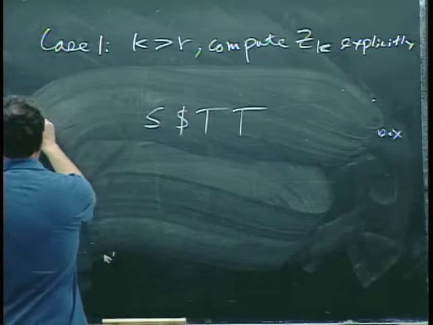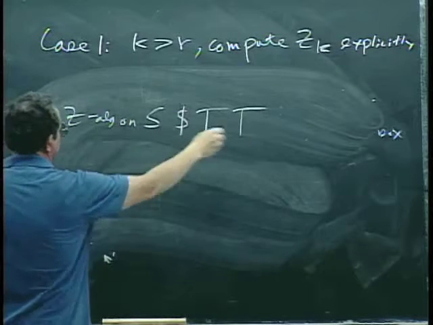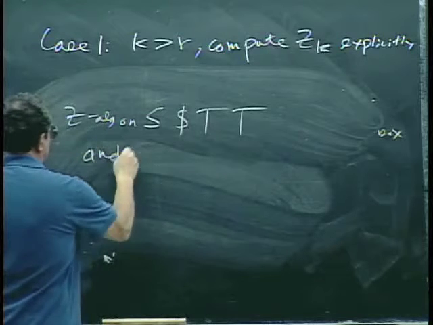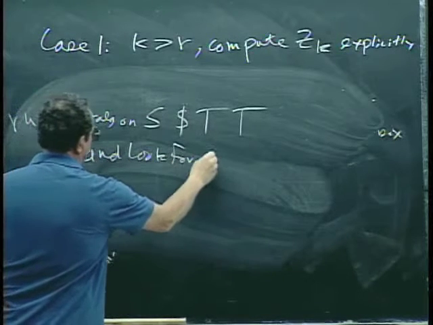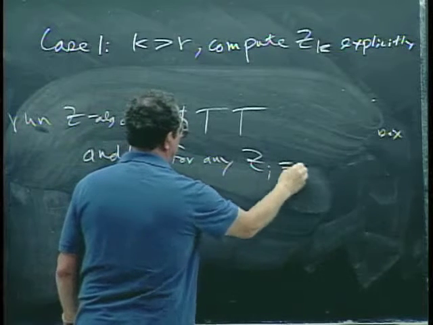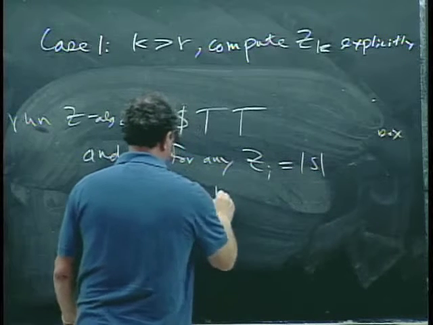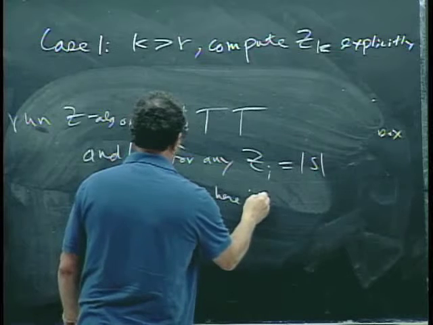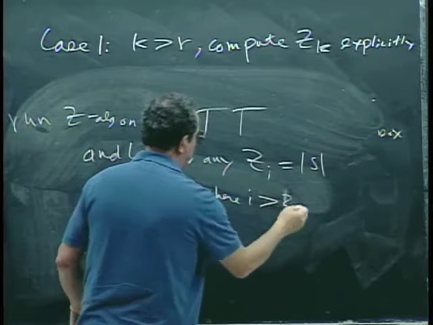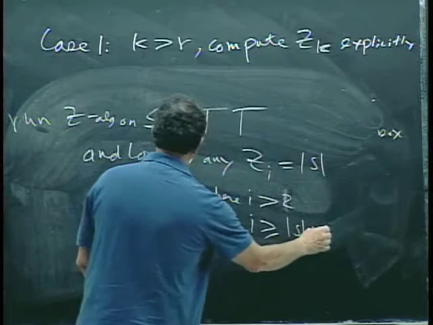Okay. So run the Z algorithm on that, S followed by $TT, and look for any Z_i equal to the length of S, where i is bigger than 2 works, but in fact it's okay to say i greater than or equal to the length of S plus 1.